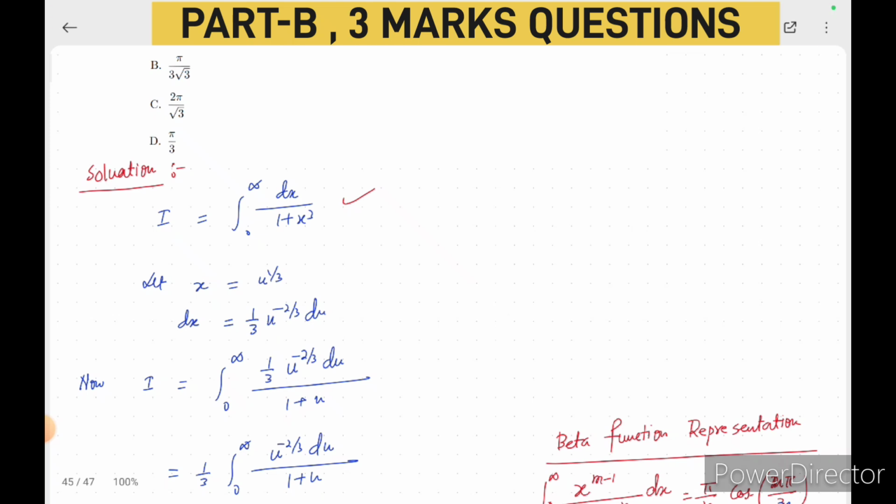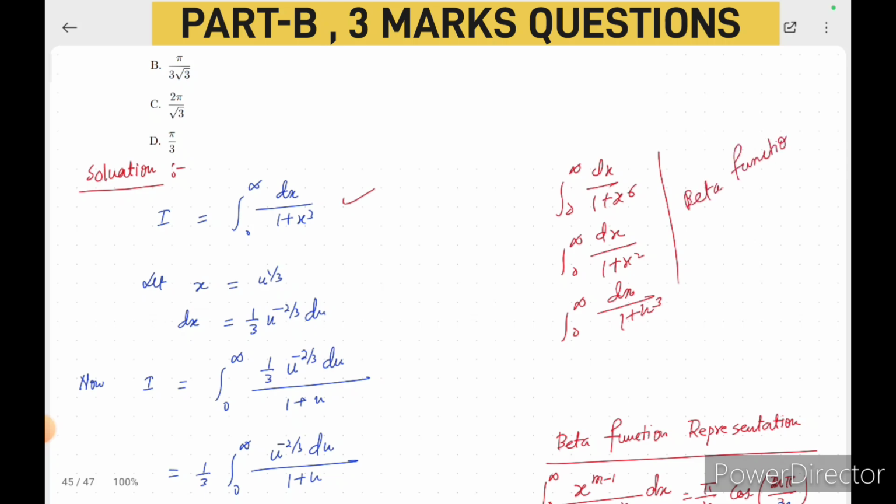This type of question, when they ask the integral from 0 to infinity of dx upon 1 plus x to the power 6, or dx upon 1 plus x square, or dx upon 1 plus x cube, they ask in your examinations, then you definitely use the beta functions.